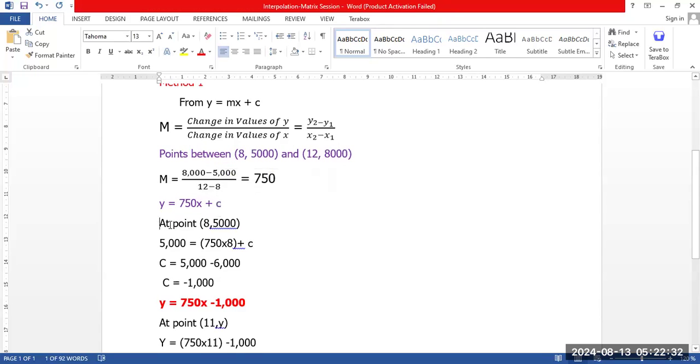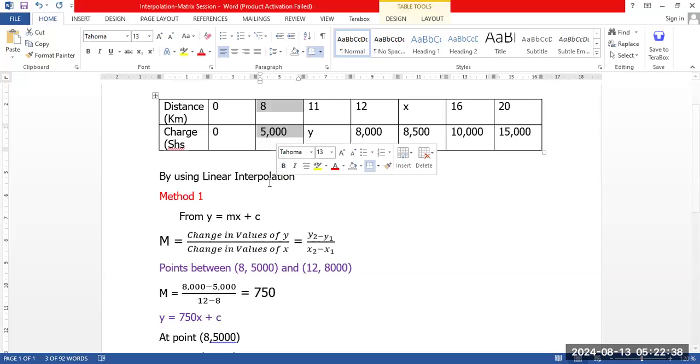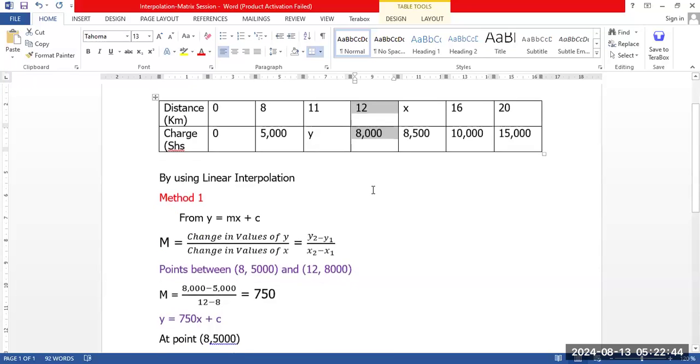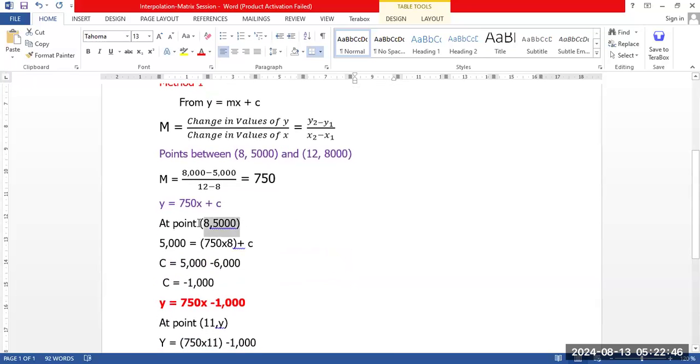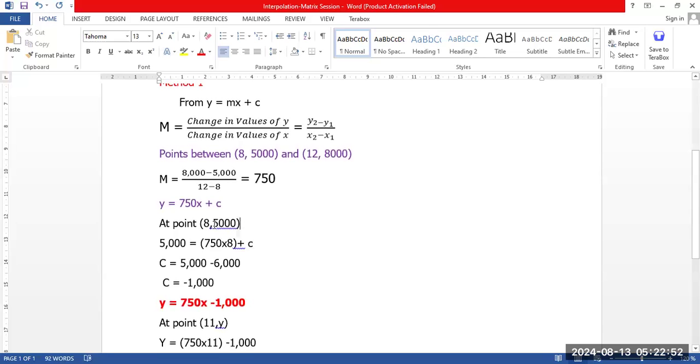And when you're getting the constant C, you choose any point. Here we chose this one, but another person can actually choose this. Even if you choose 12 and 8,000 here, you will still get the value of C as negative 1,000. You see here we used 8 and 5,000.